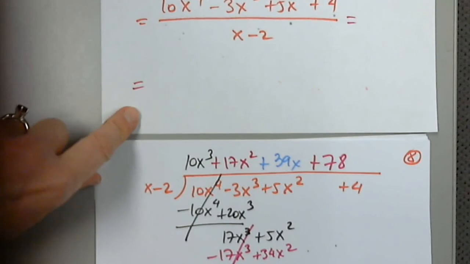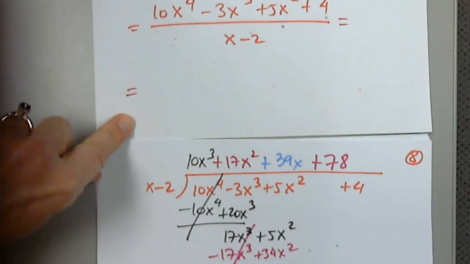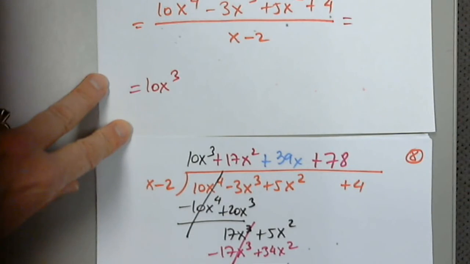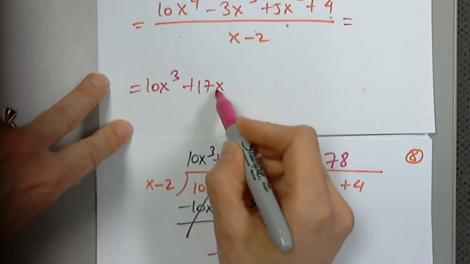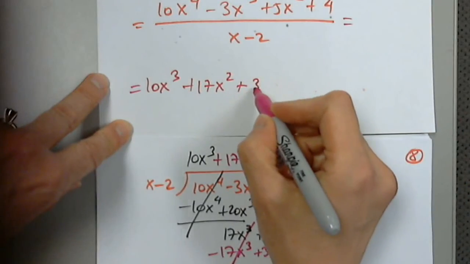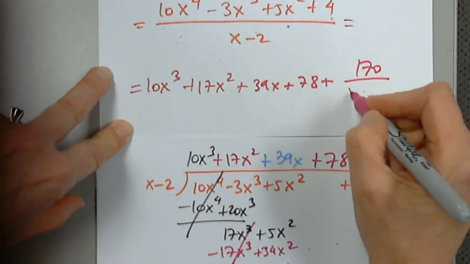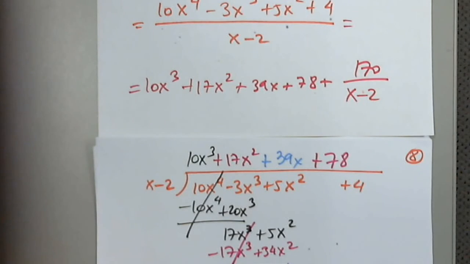Good. So can anyone dictate? 10x cubed plus 17x squared plus 39x plus 78 plus 170 divided by x minus 2. Is that clear? Better? Perfect.